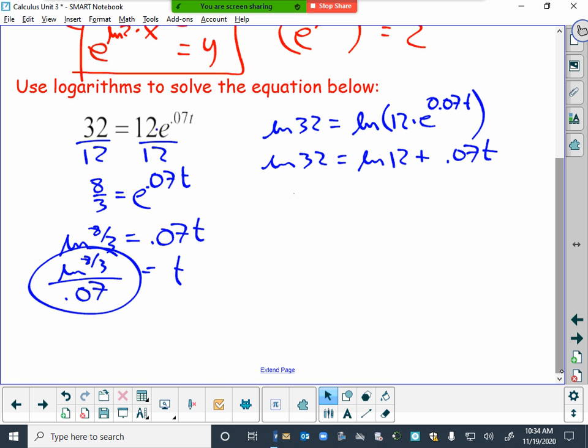I am fine with an answer like that most of the time, because then I don't have to potentially make a mistake punching something into my calculator. This is an exact answer. When I go to my calculator I'm only going to get an approximate answer, so this is probably a better way to leave that. It's not necessarily super informative in terms of numbers, but it is an exact answer.